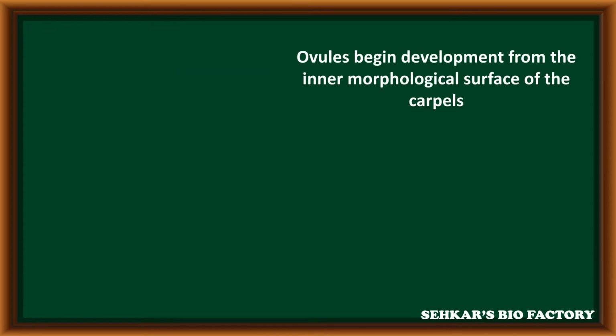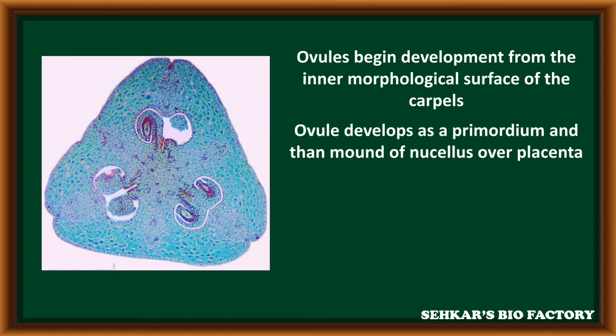During the development of each ovule, the ovule is developed from the internal surface of the carpel. Each ovule develops initially as a primordium, a small outgrowth, then it becomes a mound of nucellus over the placenta.